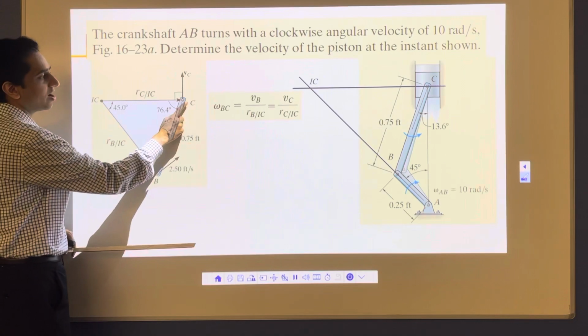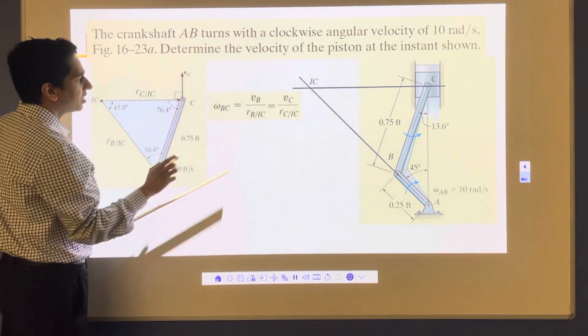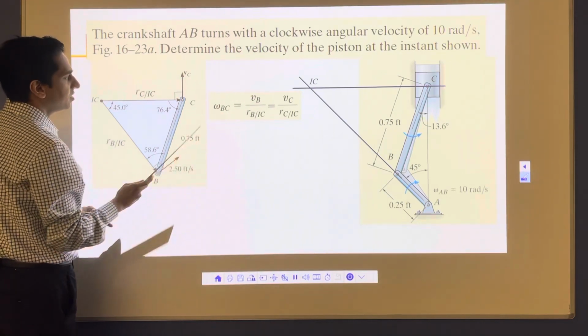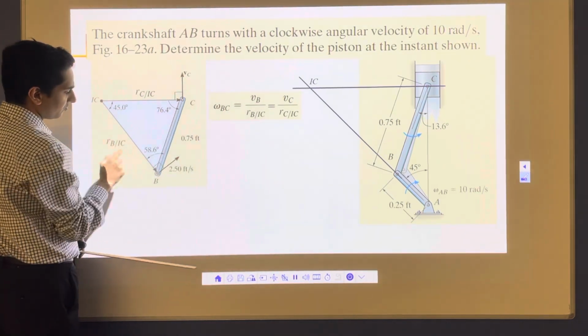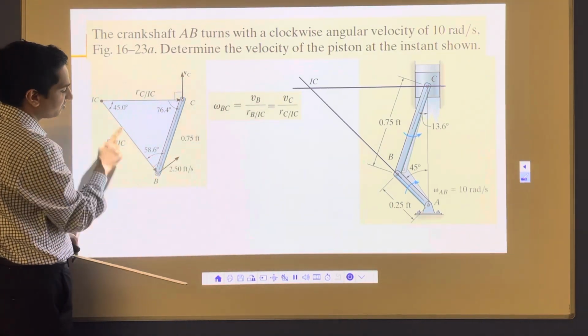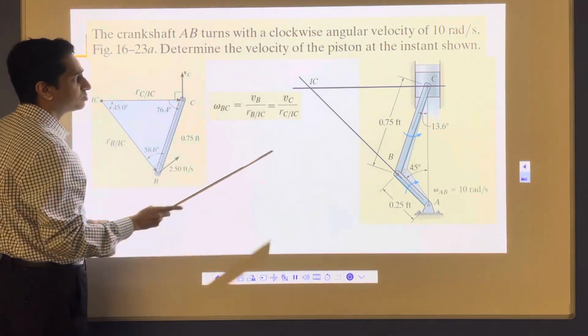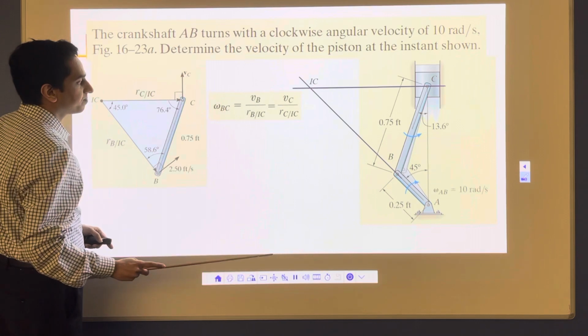So it is whatever VB is divided by this distance, whatever VC is divided by this distance. And my objective here is to calculate VC.